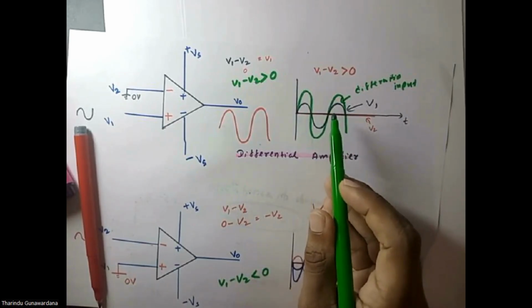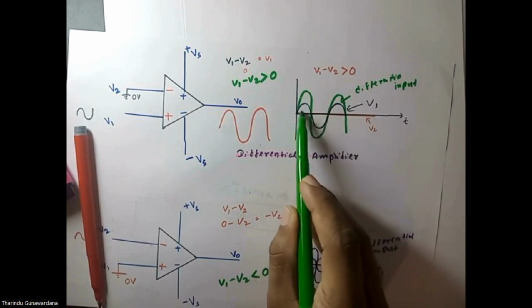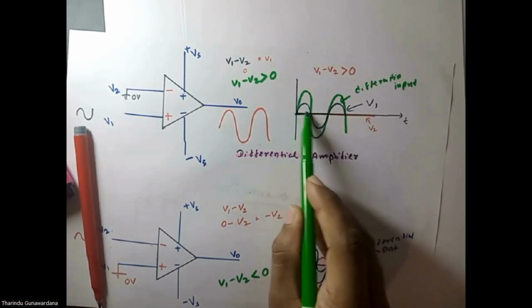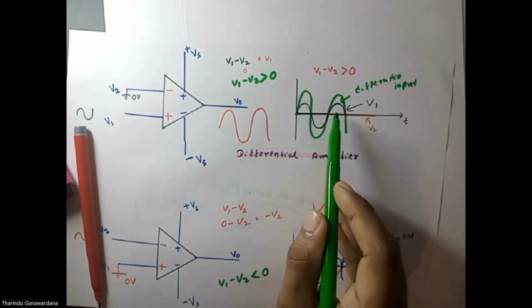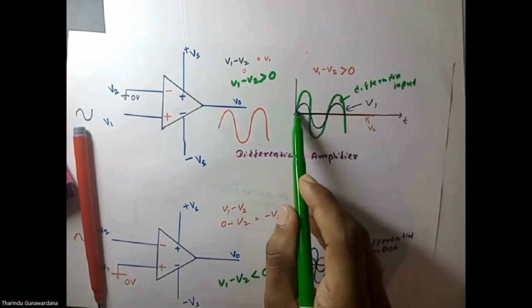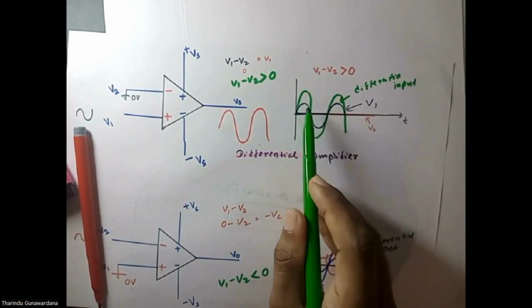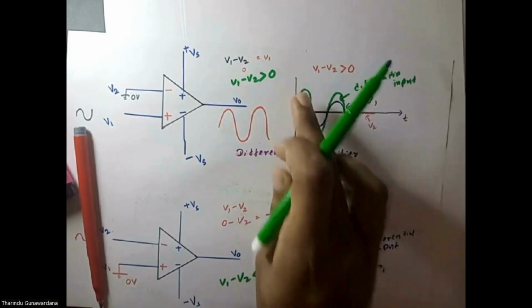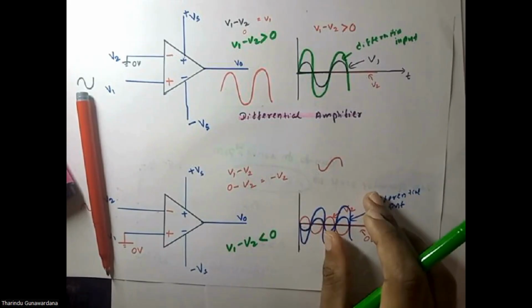Frequency is the time it takes to complete one cycle. This is the time period, and the output's is also the same. Therefore, nothing happened to the frequency, but the amplitude increases. In both cases, the amplitude increases. That means the input signal is amplified.